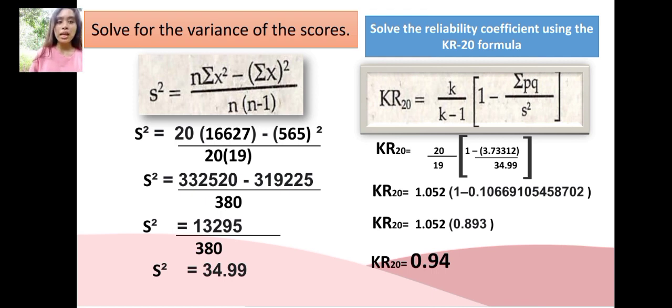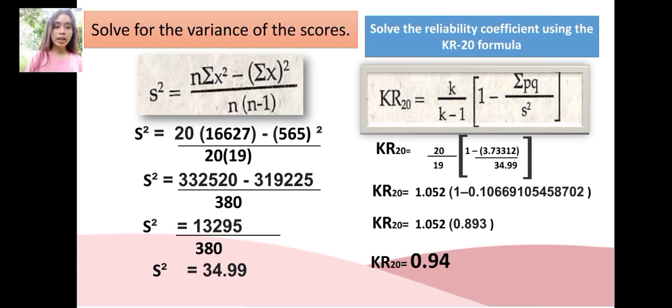So let's move forward. Solve the reliability coefficient using the KR20 formula. KR20 is equal to K over K minus 1, so our K is 20 over 19, 20 minus 1 is 19.